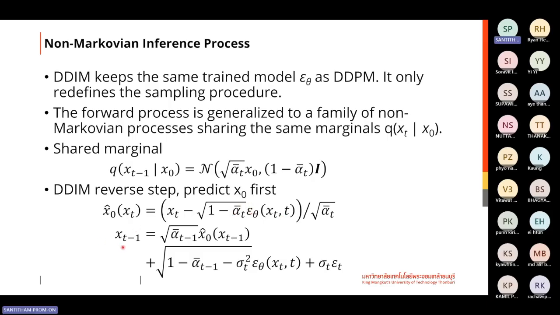And xt minus 1 also comes from x0 in the above, right? If we rearrange the equations, the value that we want to infer, xt minus 1, comes from the predicted x0 plus the noise. This is the noise part: the predicted noise and the scale related to the deterministic process.